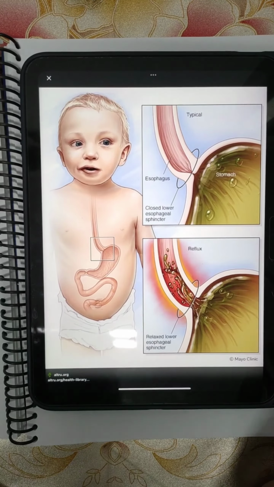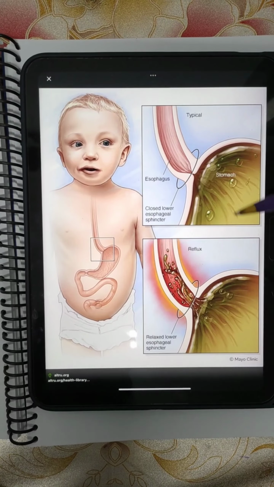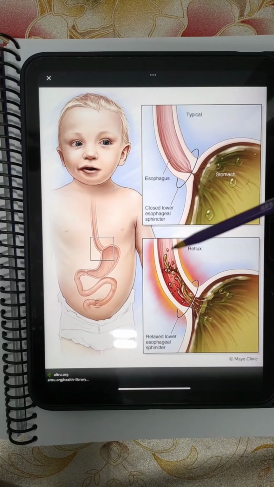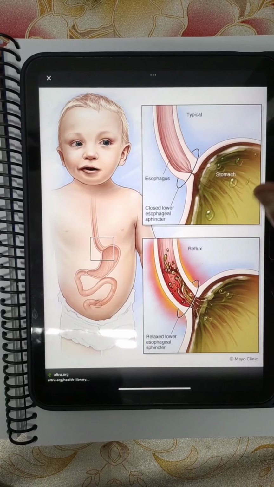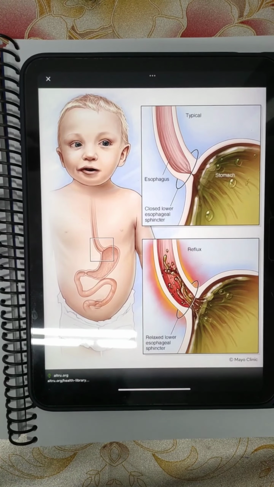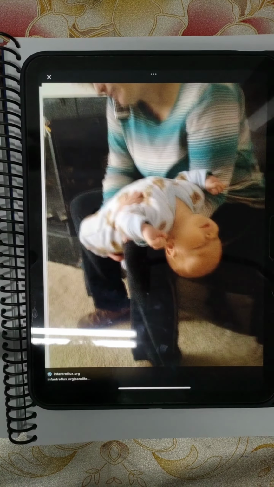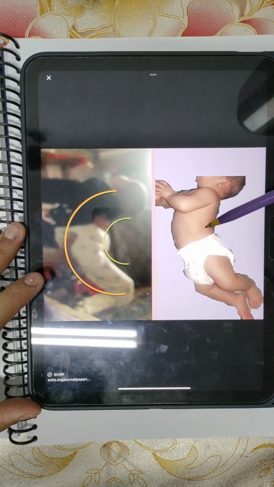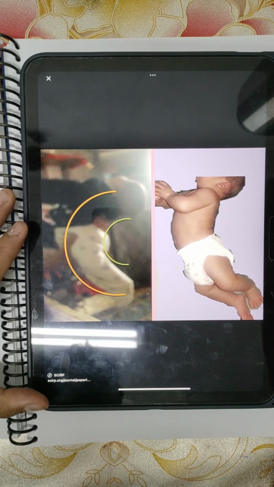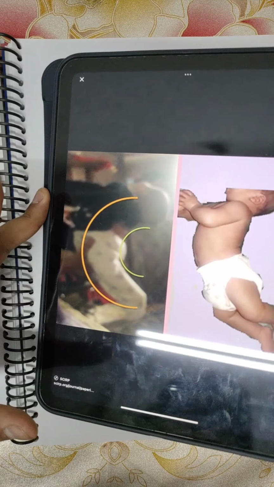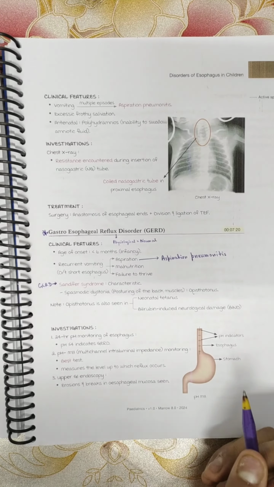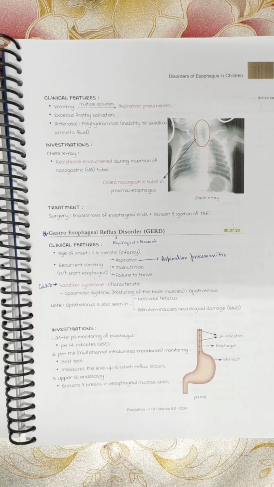We can see in this picture, there is a GERD. What happens here is that this is the reflux that occurs through the lower esophageal sphincter. That's why multiple episodes of vomiting can be seen, and this is the opisthotonus that can be seen. This is the opisthotonus, Sandifer syndrome, that is most characteristic of gastroesophageal reflux disorder.